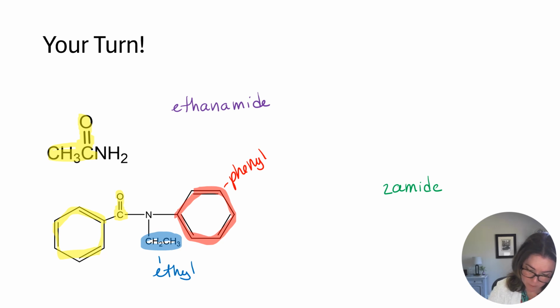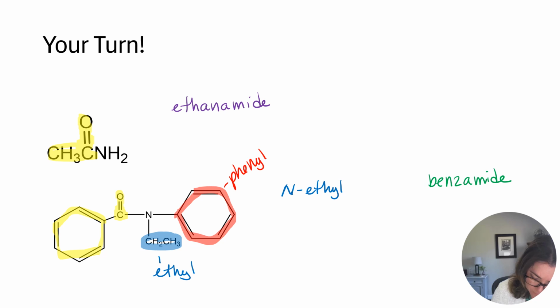I'm going to go back and erase this because I don't think I have enough space. Sorry about that. So benzamide, that's our parent. It's in yellow. Now I have a phenyl and I have an ethyl. They are both bonded to the nitrogen. So this is going to be an N-ethyl and an N-phenyl benzamide.